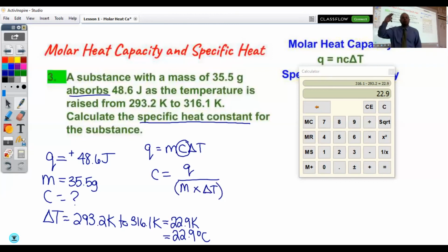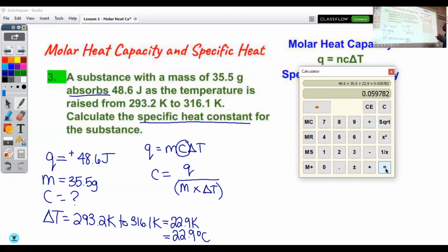Keep in mind, because we have these two numbers being multiplied in the denominator, you have to include them in parentheses when you're typing them into your calculator, or remember to hit divided by before you enter in each term. So in this case, we have 48.6 divided by our mass, 35.5, also divided by our temperature change, 22.9.